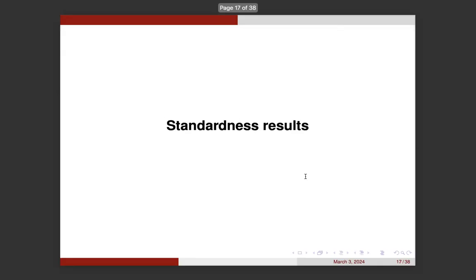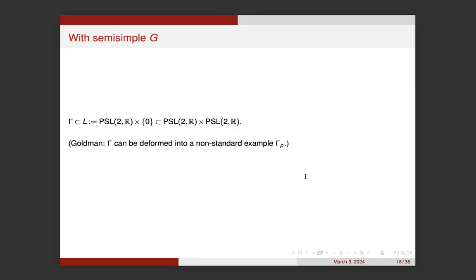I'm going to give some standardness results. When the Lie group J is semi-simple, I have this example with anti-de Sitter space where the connected Lie group L here I take to be just one of the components of the isometry group. Here, Goldman proves that there is a deformation of gamma with this representation rho I gave before, a representation for which gamma rho is non-standard.